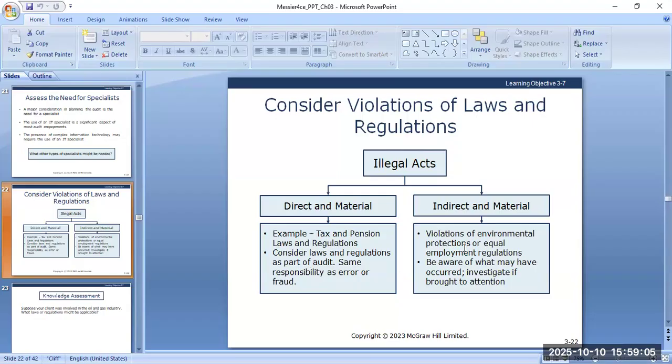For the evaluation of environmental protection, we have to be aware that matters may have occurred, been investigated, and been brought to our attention. They might be direct or indirect, so we have to assess both.